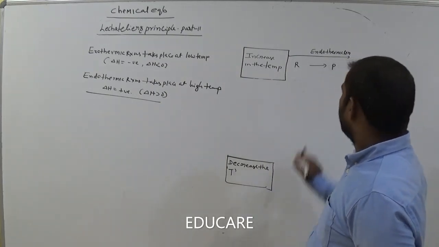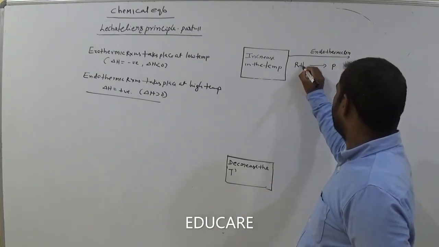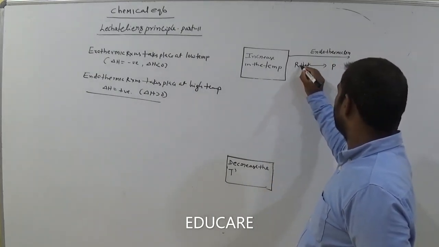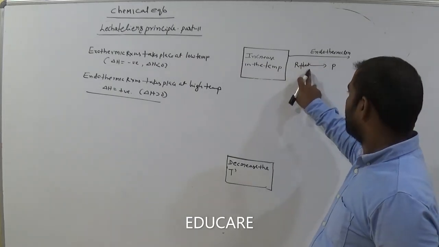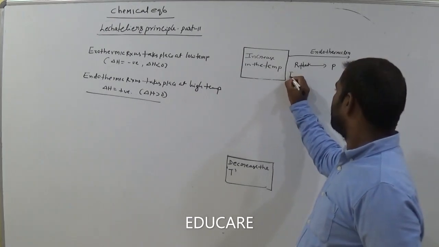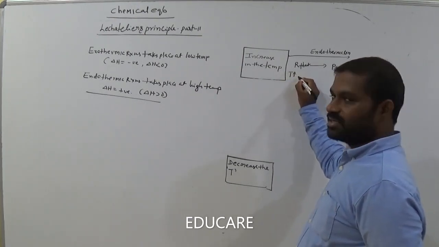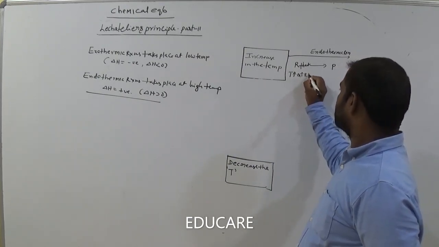Okay. Endothermic reaction means we add heat energy. This one is heat. R plus heat at the reactant side. Am I right? Here what happened? Temperature is high. Heat energy is also high. R is also high.